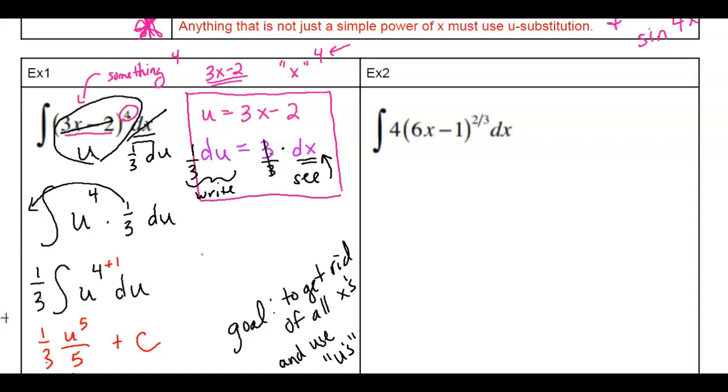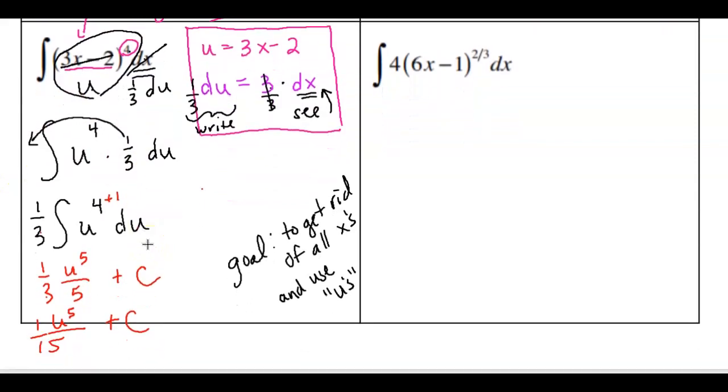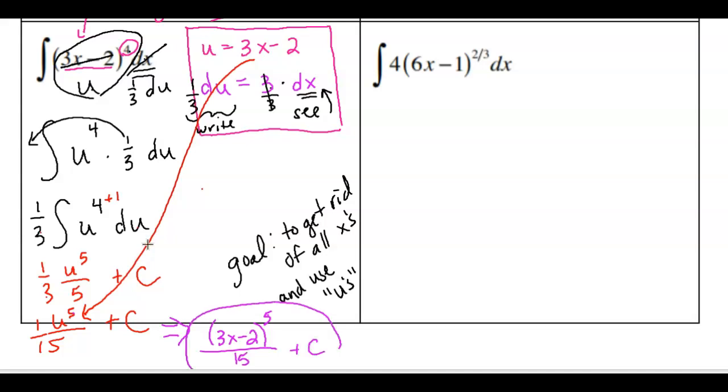So what we want to do is go back to our u box and plug this u back in. So I get 3x minus 2 to the 5th power divided by 15 plus c. And this is the original function.